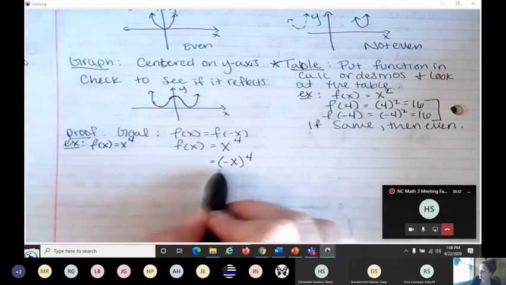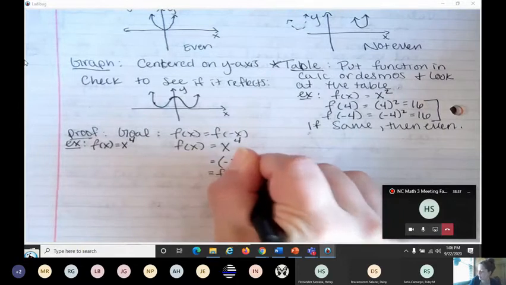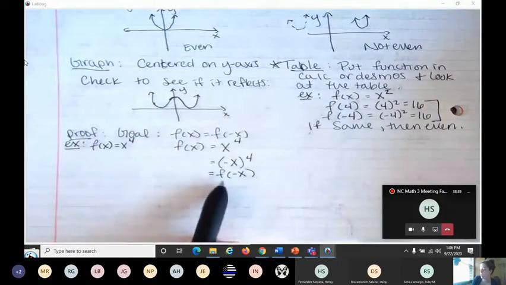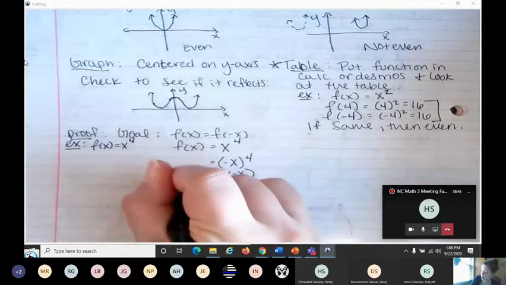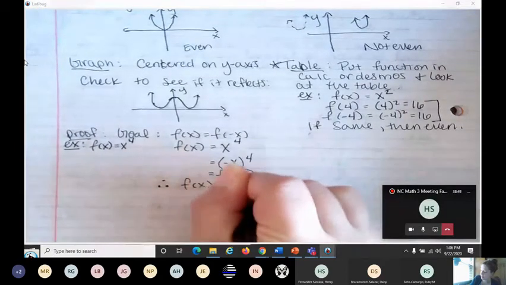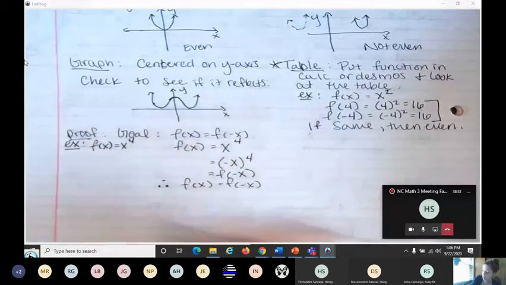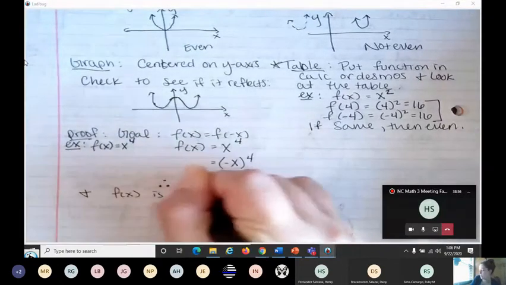But writing it like this means that it's the same as f of negative x. So we've shown that f of x is equal to f of negative x. Therefore is what these 3 dots means. f of x equals f of negative x, and f of x is even.